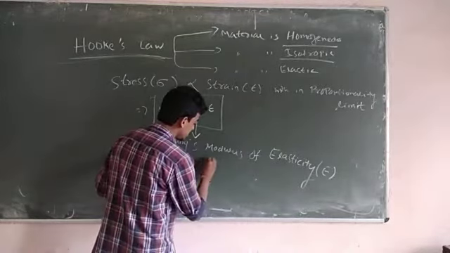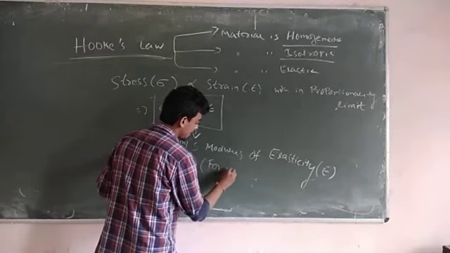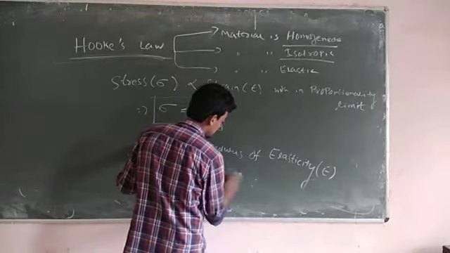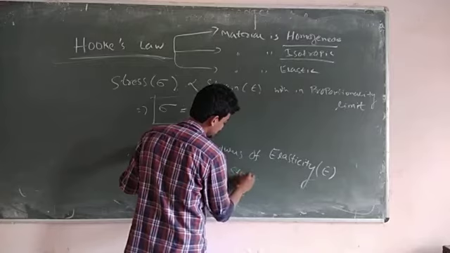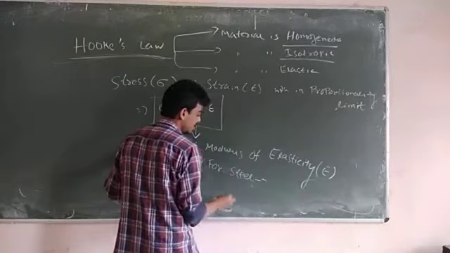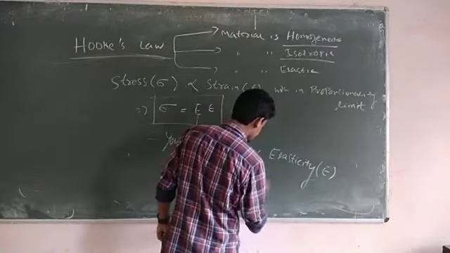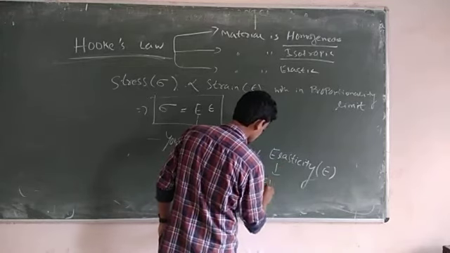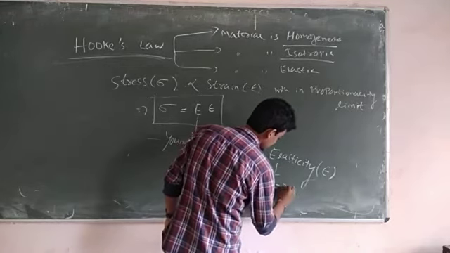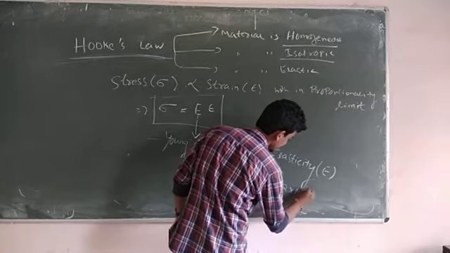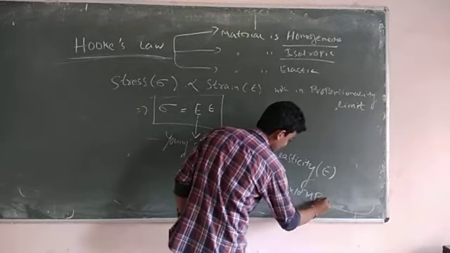I am writing for mild steel, for whatever the steel the value will not change, so just writing for steel the value is 2 into 10 to the power 5 megapascal.